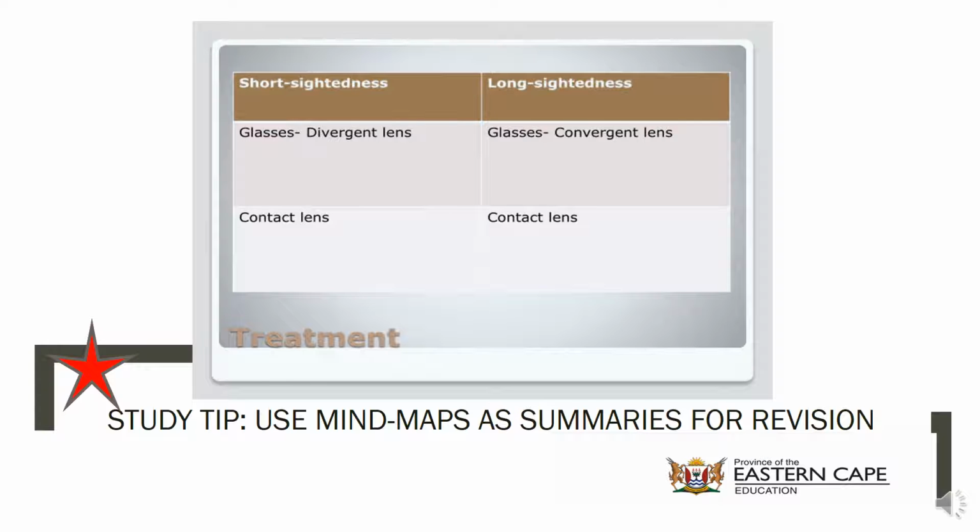Or you can wear contact lenses that do the same thing, or you can go for laser surgery, as we saw. So this is just one of those things you can do. We all have different tips to remember the information, but I just find that summarizing in the form of mind maps always helps when it comes to studying.